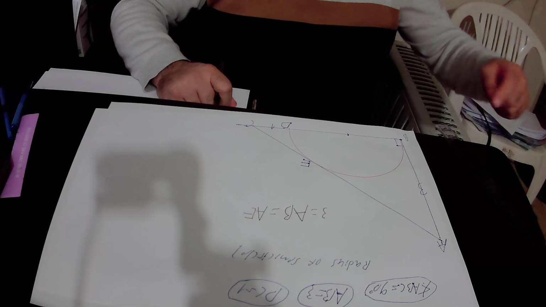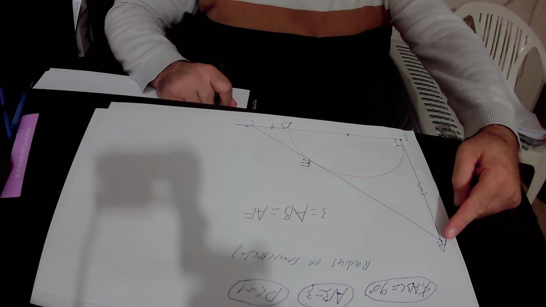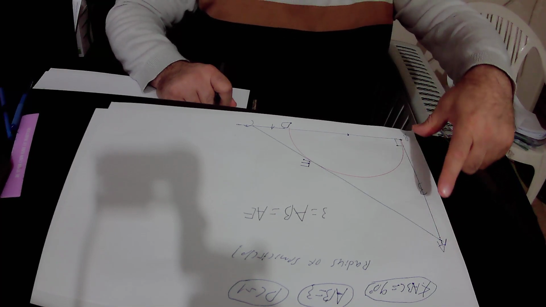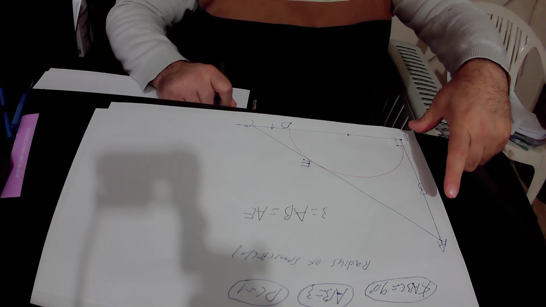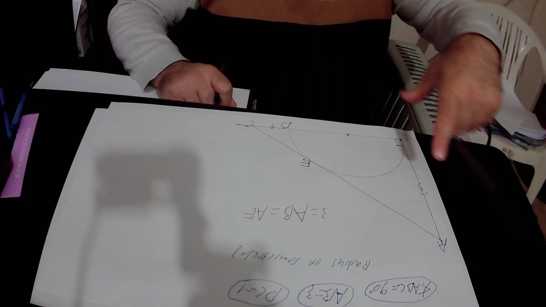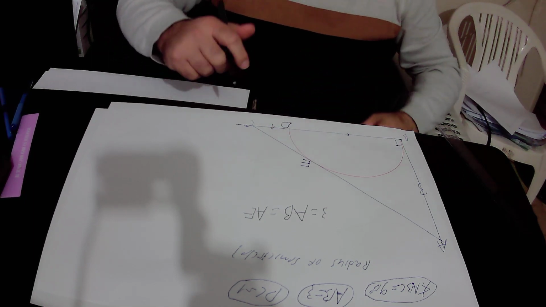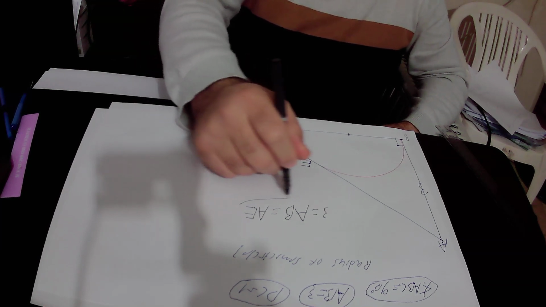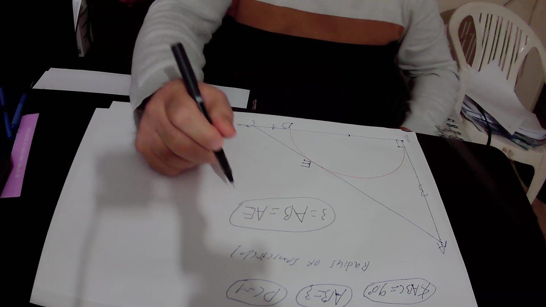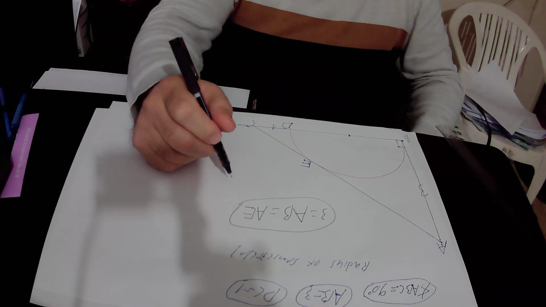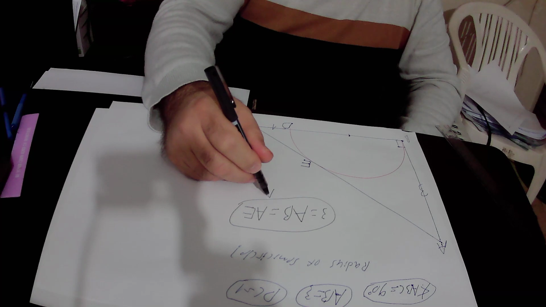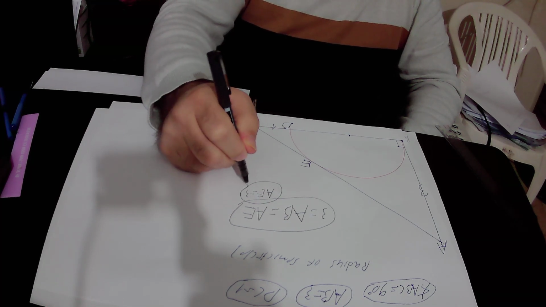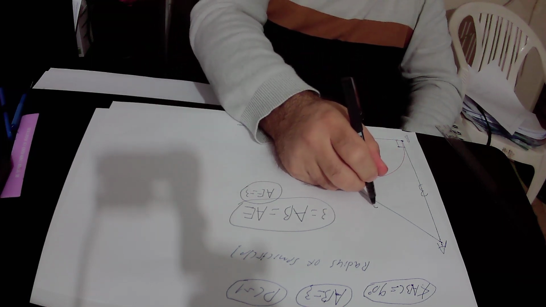So AB equals AE. We know that AB equals 3 units, it is given in the question. So from this equality we conclude that AE also equals 3 units.